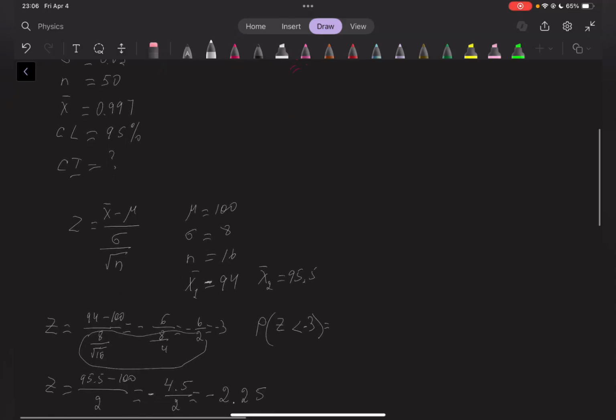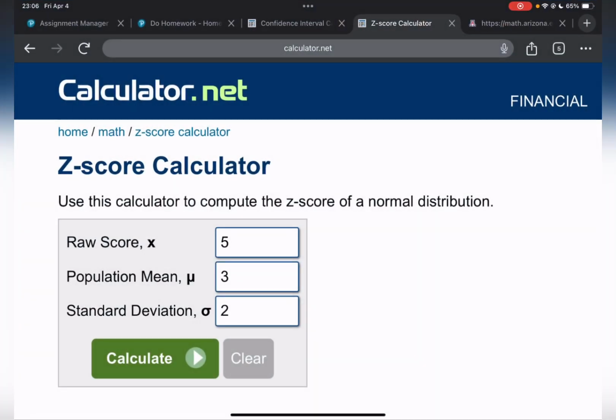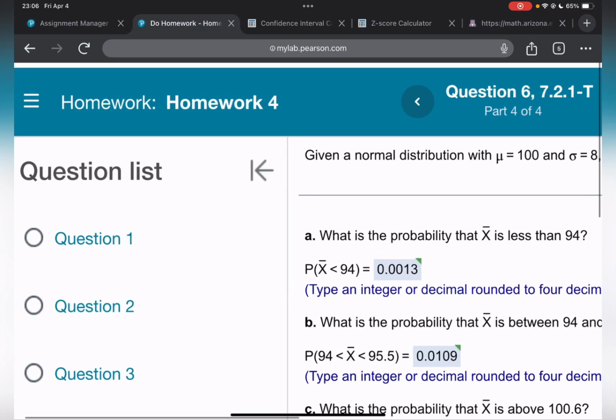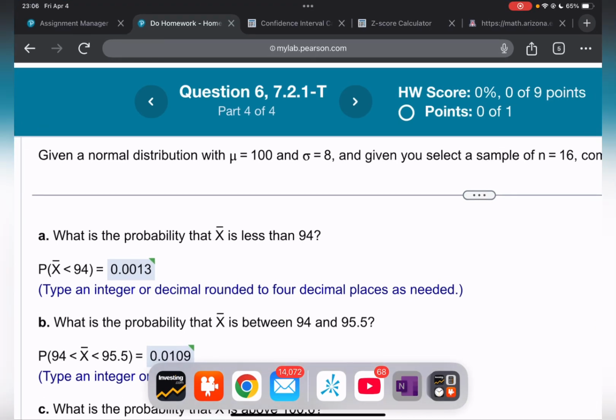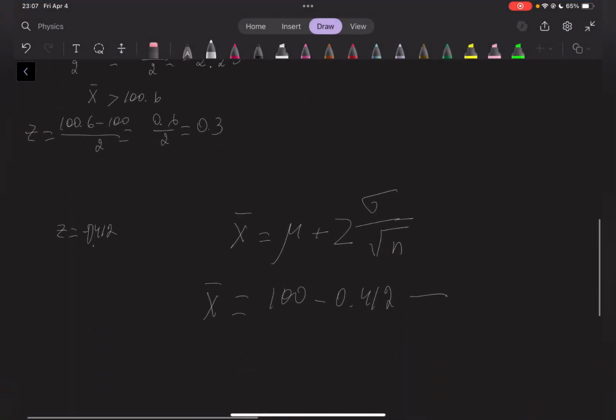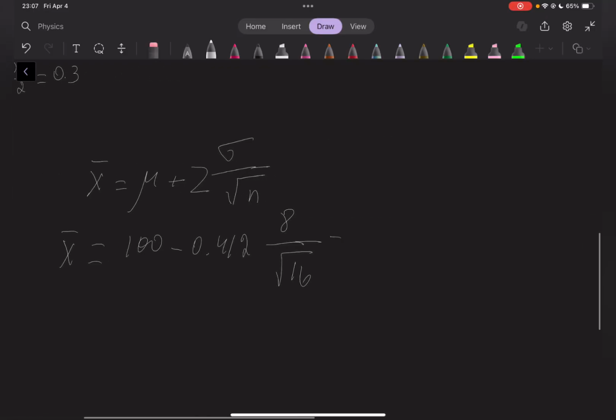I put here sigma 0.01. Is this from the right end? Let me double check my sigma. No, sigma is 8 and the sample is 16. Okay, sigma is 8 and the square root of n is 4, so 100 minus 0.412.